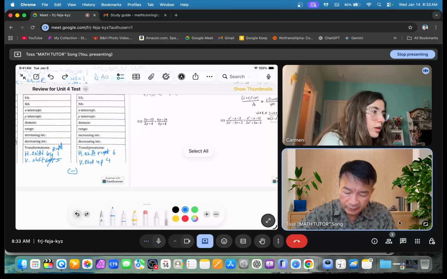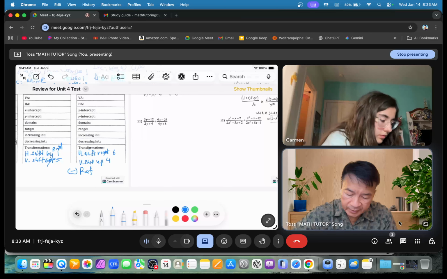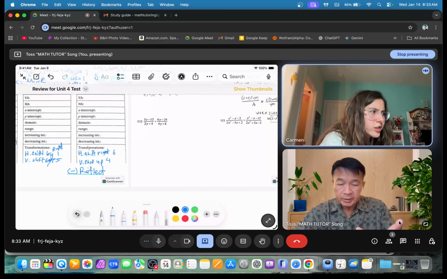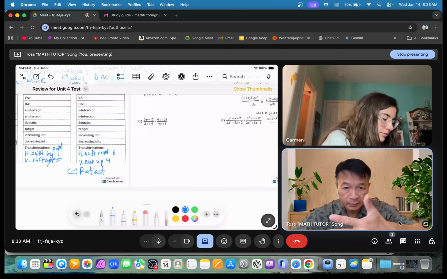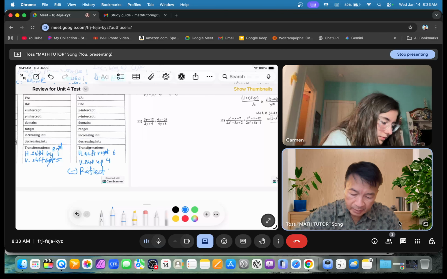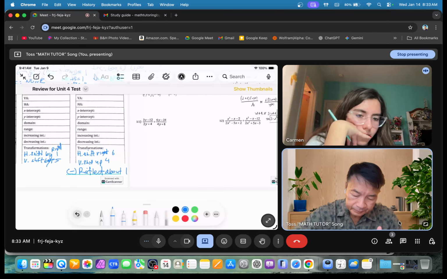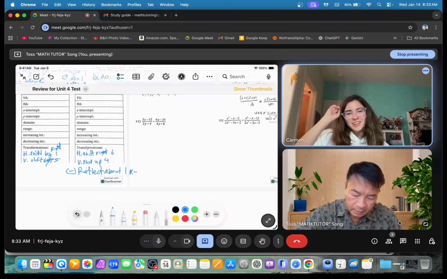I don't know what she said, but reflect about the x-axis. About or with respect to, it's the same thing. Reflect about the x-axis. Okay, I get it.